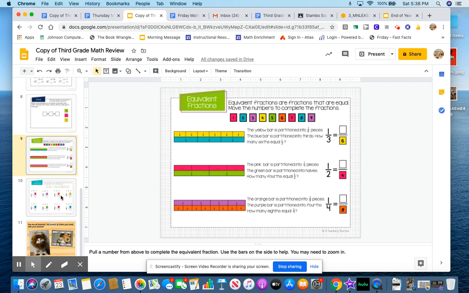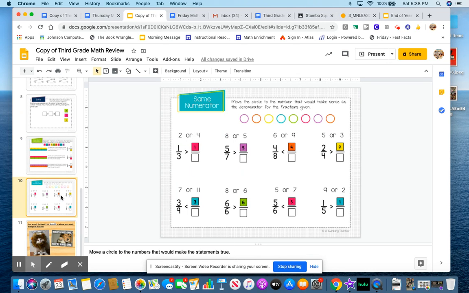All right, and your last slide, you are going to move the circles to show the number that would make sense as the denominator for the fractions given. So you get some choice. So if we look at number 1, we have 1/3, and our symbol says it's greater than 1 what?